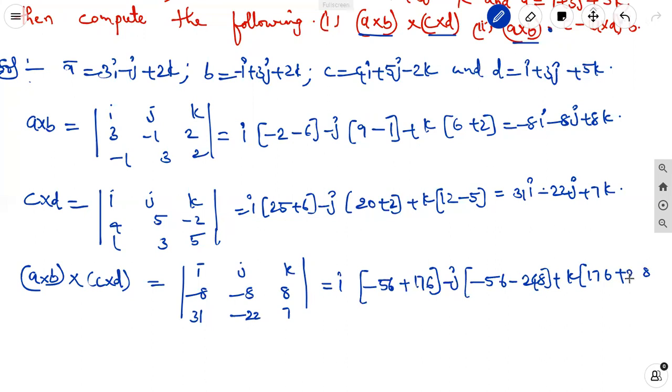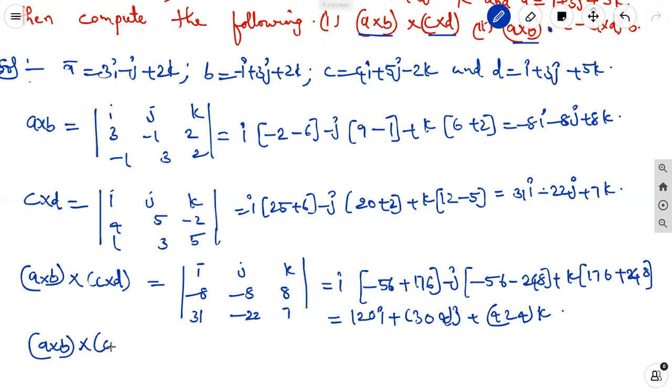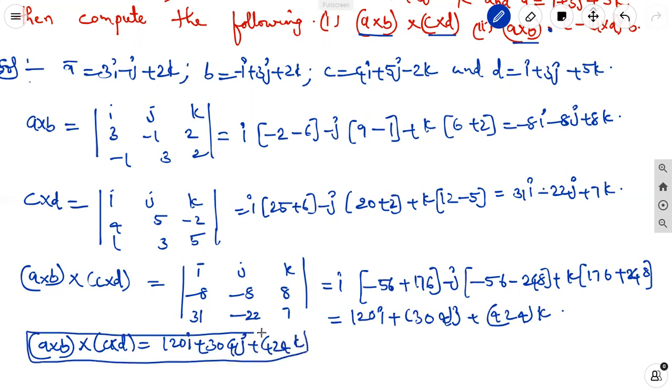It is equal to 120i plus 304j plus 424k. So A cross of B cross of C cross D equals 120i plus 304j plus 424k. This is the first case.